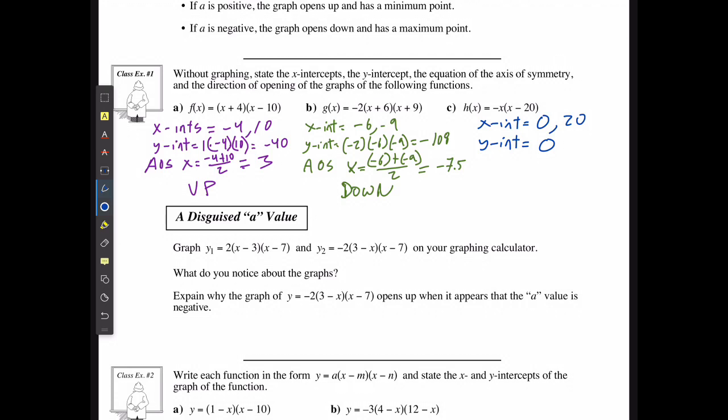If either m or n is 0, the y-intercept is going to occur at 0. And the axis of symmetry is going to be when x is equal to 0 plus 20 divided by 2, or when x is equal to 10. This one, because it's got a -a, is also going to open downwards.